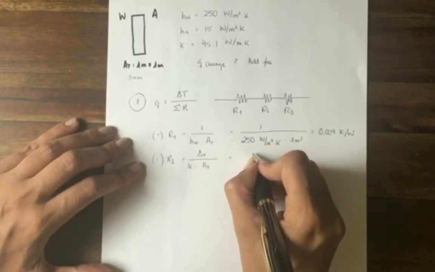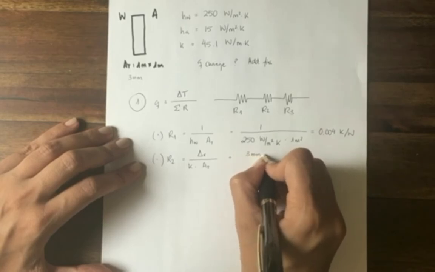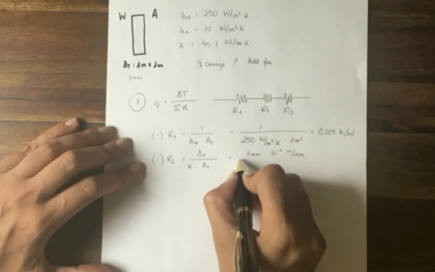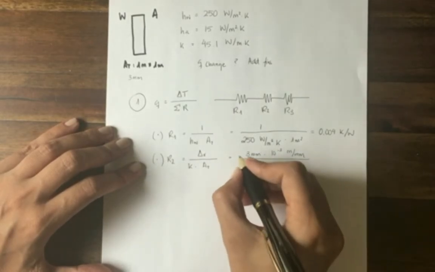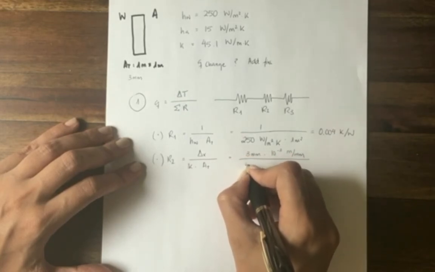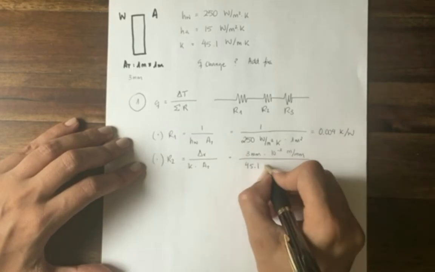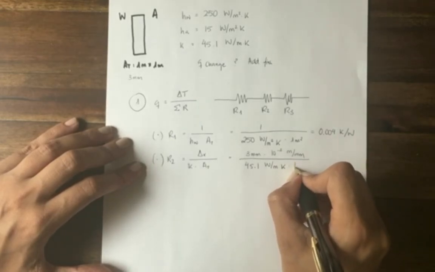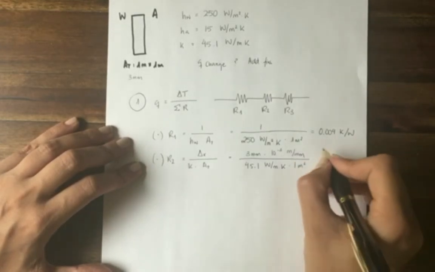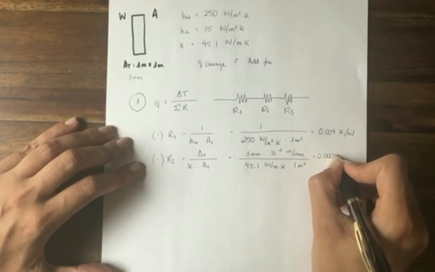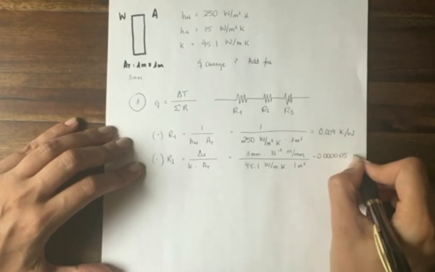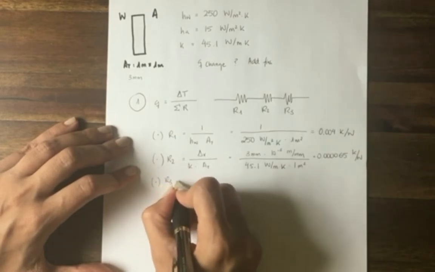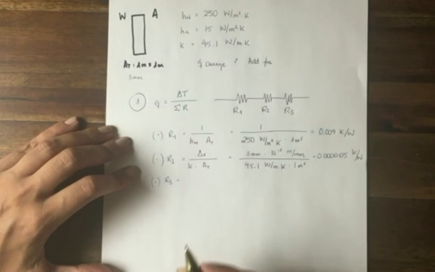This is equal to the thickness, which is 3 millimeters, times 10 to the minus 3 meters per millimeter, so we converted the units, over the thermal conductivity, which is 45.1 watts per meter per Kelvin, times the total area, which is 1 square meter, and this is equal to 0.1234065 Kelvin per watt.